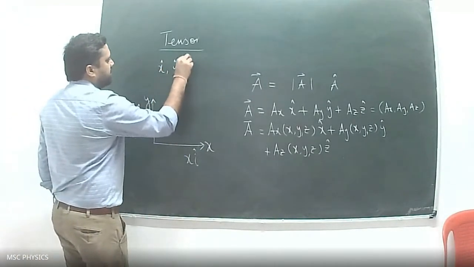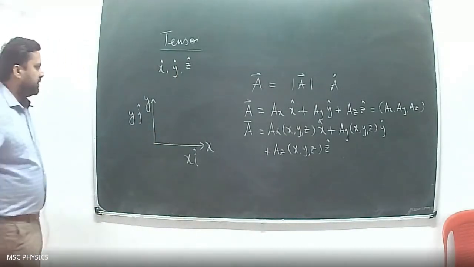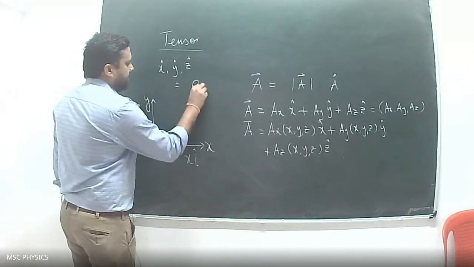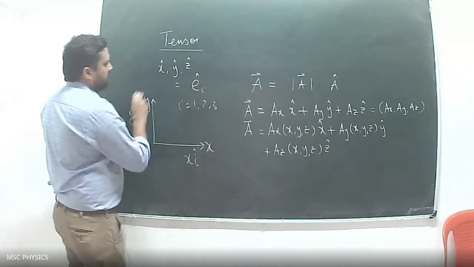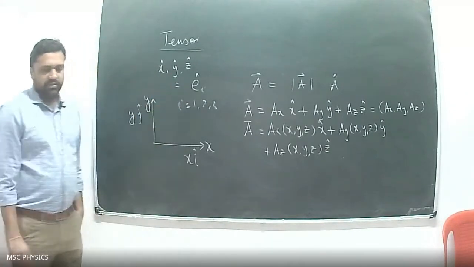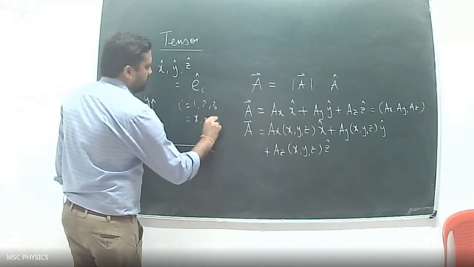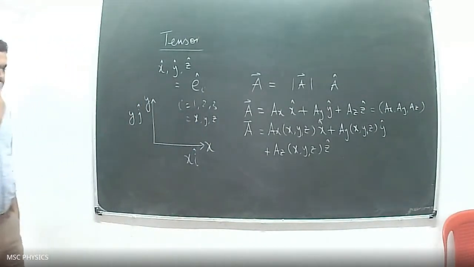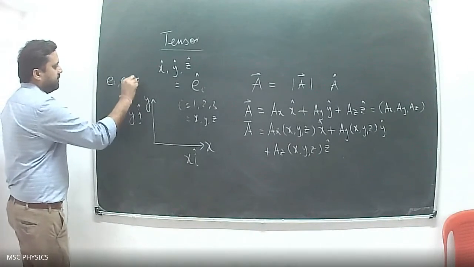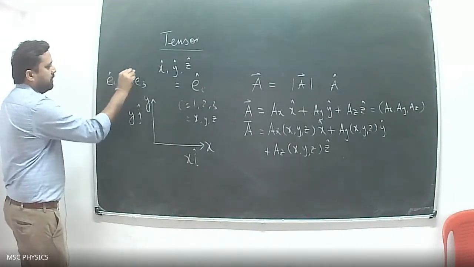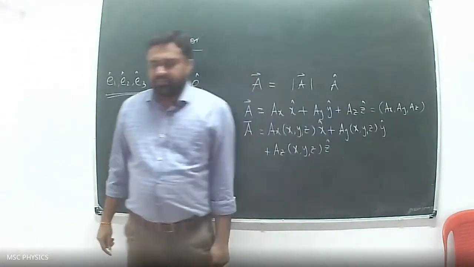So this is my basis, 3 directions. Many times it is also written in short like this: i going from 1 to 3. So x1, x2, x3 also they denote it, or i going from x, y, z also. So e1, e2, e3. This is the 3D basis. So in this basis, this vector will be described by these coefficients: a_x, a_y, a_z.